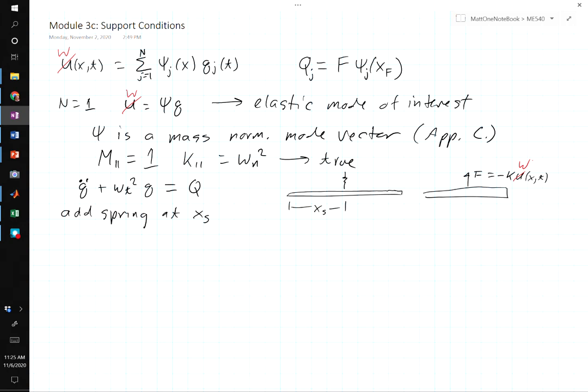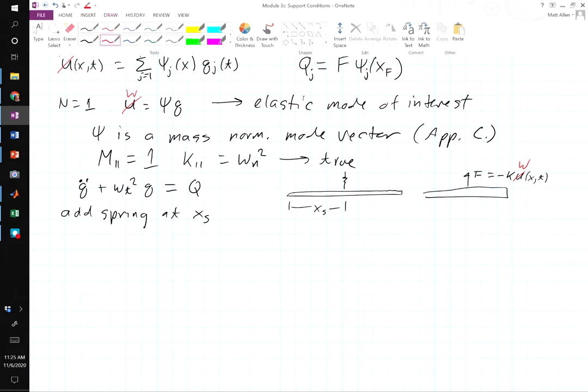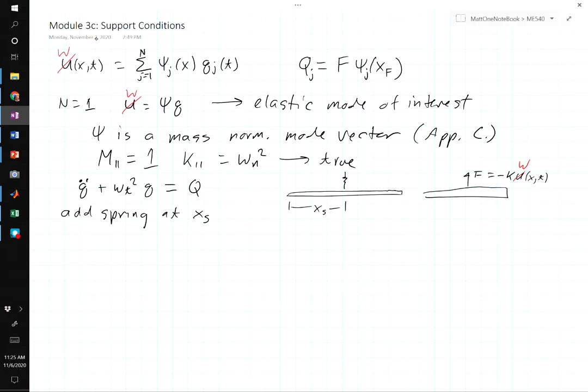All right. But the same would be true if this was all axial vibration. So we can plug that in here. Our equation of motion then becomes, so the force, Qj, is minus k times psi times q. That's all the force.